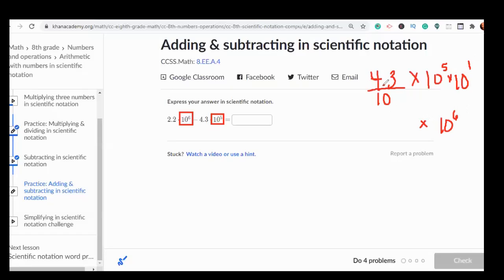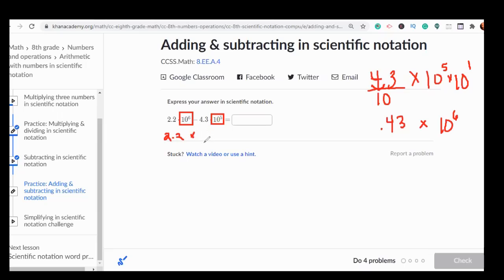And on this end, when we divide by 10, you could use your calculator if you needed to, but if you divide by 10, you're really just moving the decimal place 1 to the left. So 0.43. Now I have it all set up. They have the same powers of 10. They match, and now I can really just do my typical math.